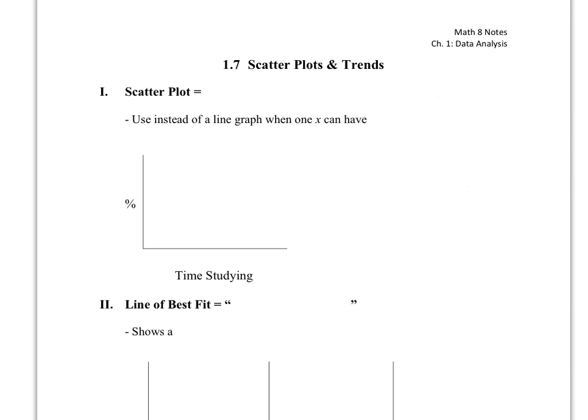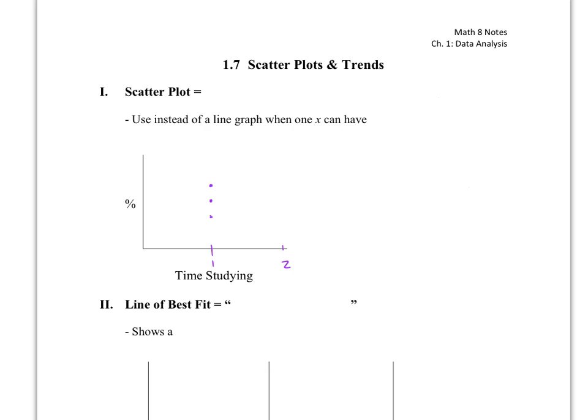But for example, with time studying and test grade percentage, which is my example here, if you said 1 hour and 2 hours, Alex and Gavin could both study for an hour but get different percents on their test. So you could have 2 points here. Or somebody could score in between the 2 of them. That could happen. So that's where we're going to use a scatter plot.